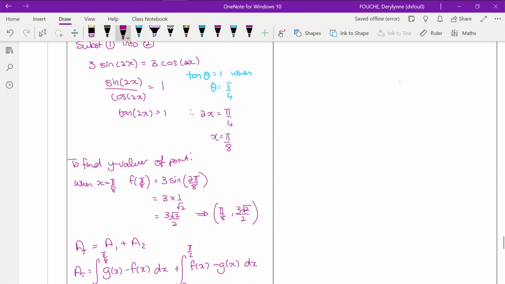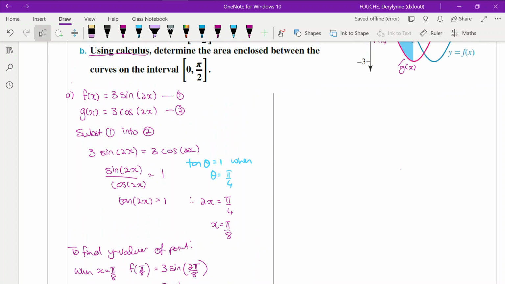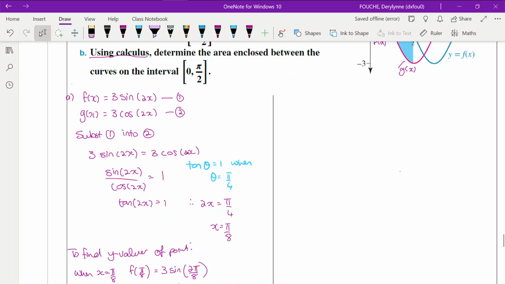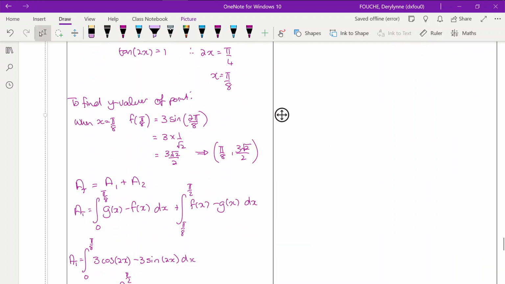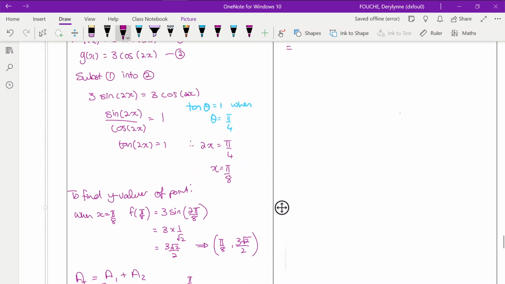Alright, now we actually do our integration. And you will remember that integrating cos, I'm going to get a positive sign, and I have a linear function inside of my bracket, so I'm going to be dividing it by my derivative of that function.